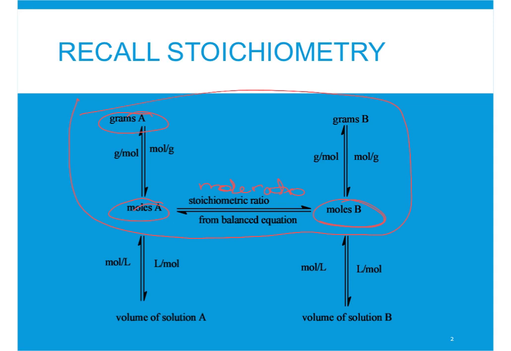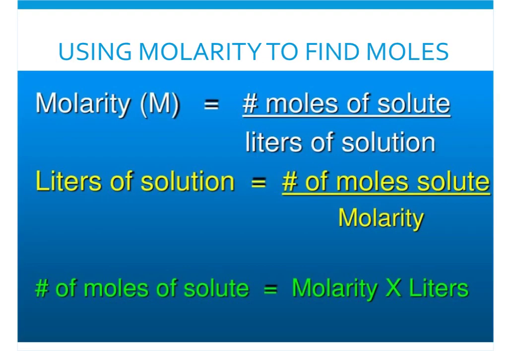And so rather than grams, it's more common for us to get a value in terms of molarity or liters of solution. And so the bottom half is what we're going to be looking at in this PowerPoint.